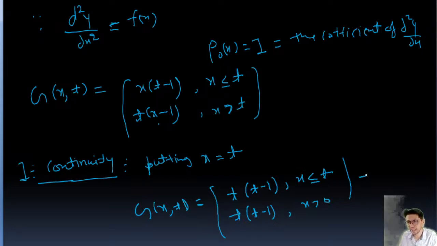So that implies it is continuous. First condition satisfied. Okay, now we'll check the boundary condition. It is continuous because putting x equal to t, we are getting the same value for the first and second. I hope you have understood it, guys.